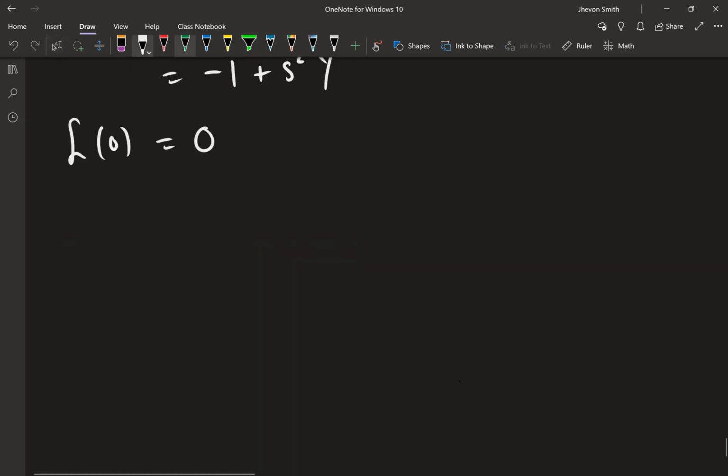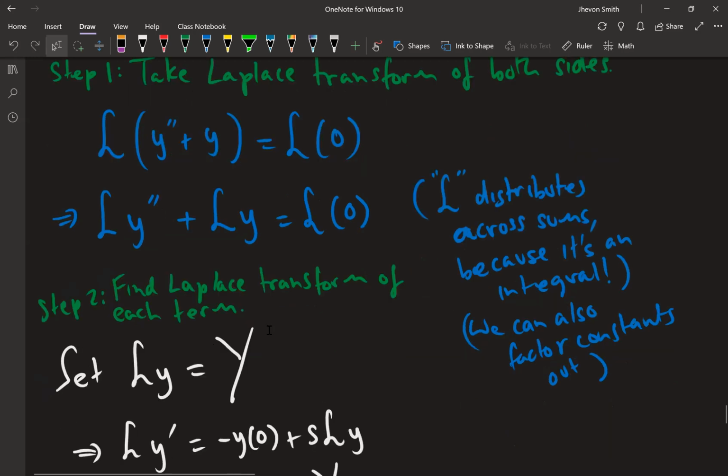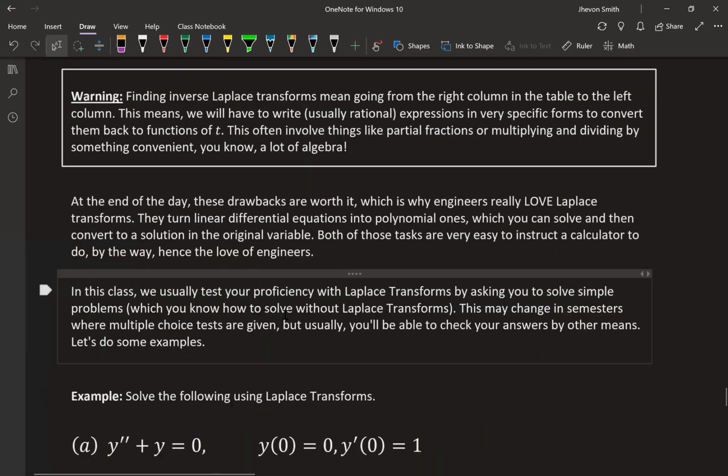So now, technically this is step 3. Step 2, find the Laplace transform of each term. With the derivatives, I use that recursive formula that I proved for you earlier.